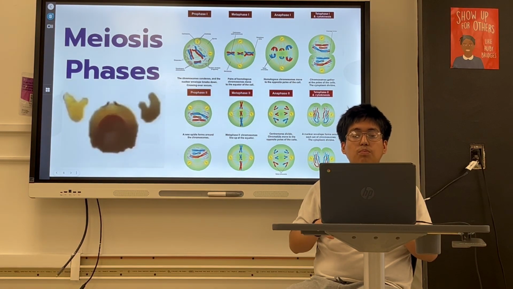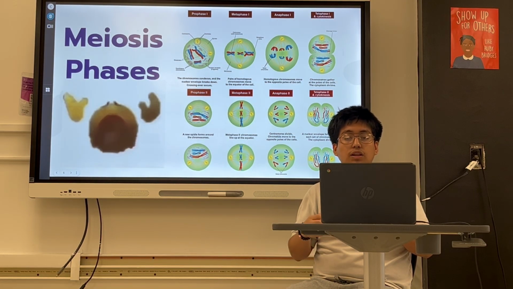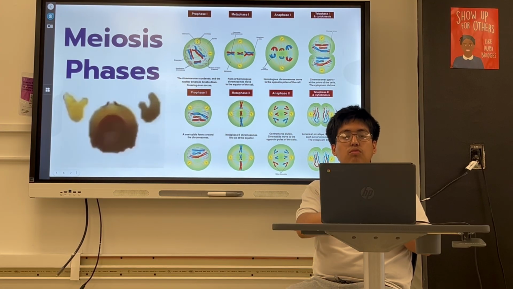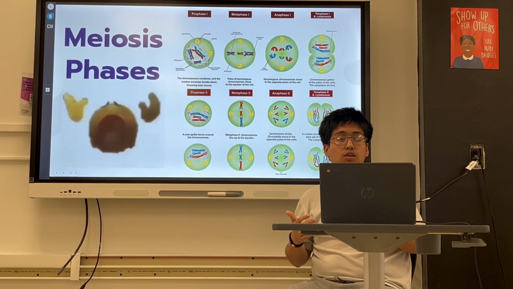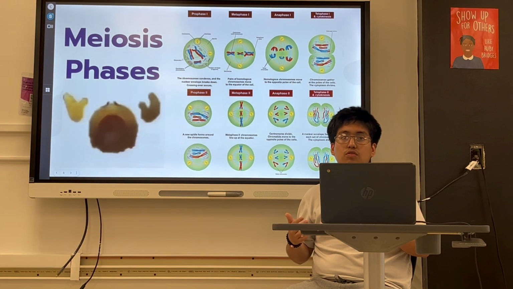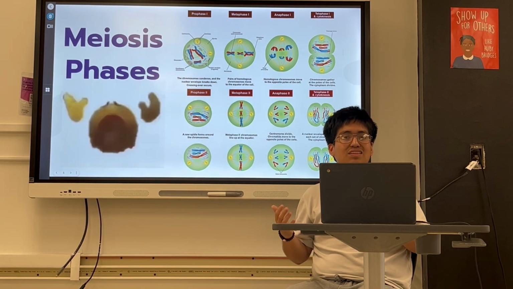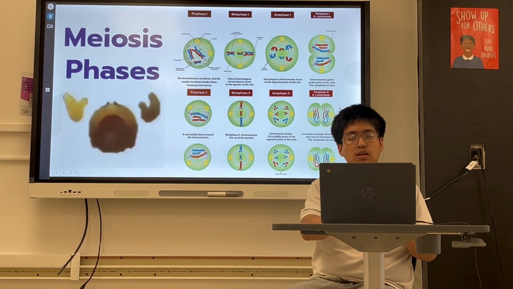The nuclear envelope breaks down if it had reformed, and new spindle fibers develop as the centrosomes move toward opposite poles. The biggest difference between prophase 1 and 2 is that there is no crossing over or synapsis because the homologous chromosomes have already been separated at this point. There's no point for more variation.